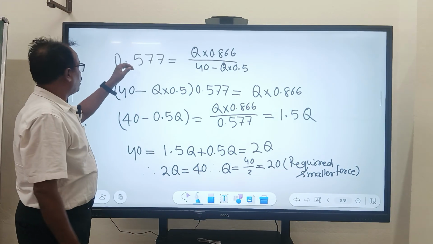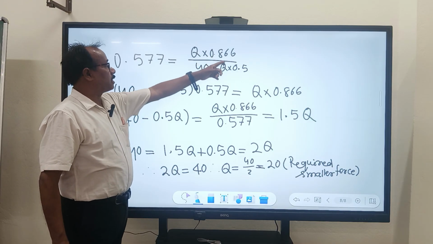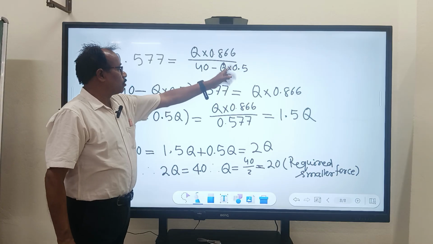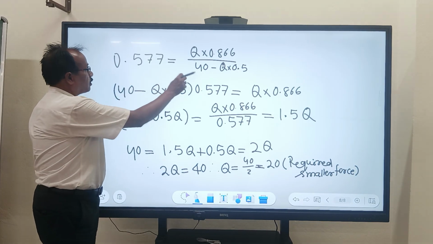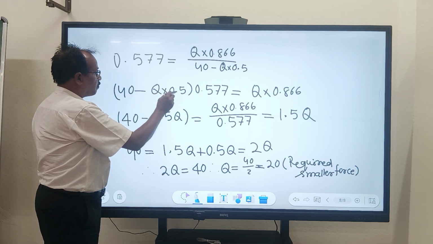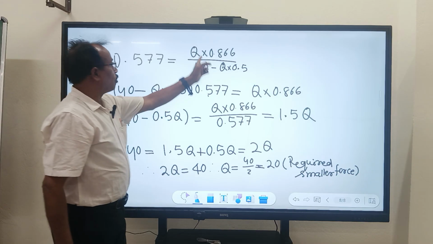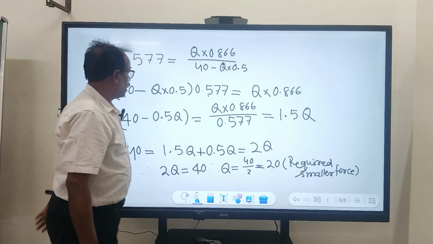Therefore, 0.577 is equal to Q into 0.866 divided by 40 minus 0.5Q. After cross multiplication, 40 minus 0.5Q into 0.577 is equal to Q into 0.866.